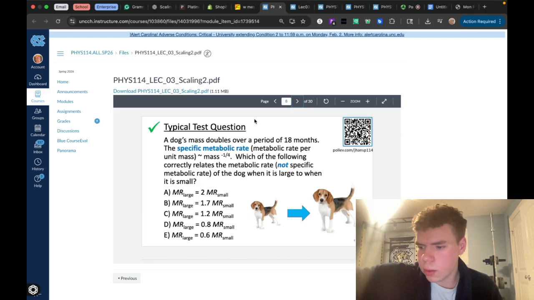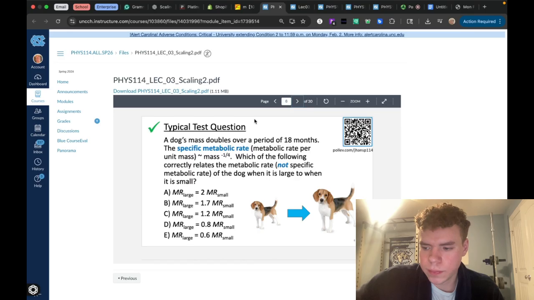We can write out MR small, the metabolic rate of the small dog, equals mass to the negative one fourth, so that is equal to the mass of the small dog.